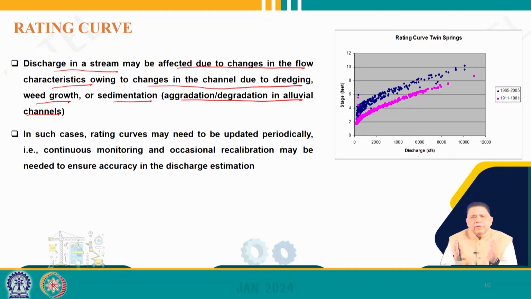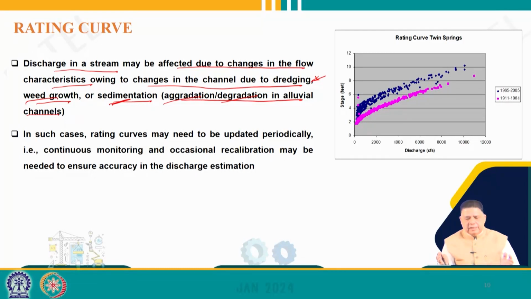But if the cross section of the river or stream gets affected, so for example, if there is a sand mining dredging, so obviously the cross section will go up. If there is a weed growth, the cross section will reduce. And similarly, due to sedimentation, whether it is aggradation or degradation, aggradation means the silt is getting deposited at that cross section, and degradation means the silt is being taken away from that cross section.